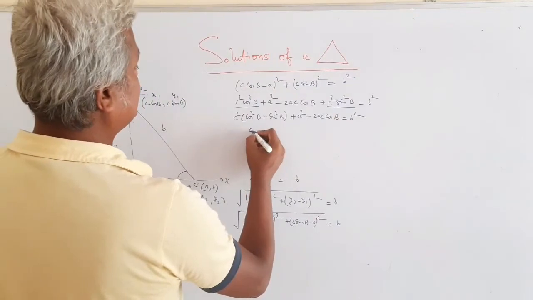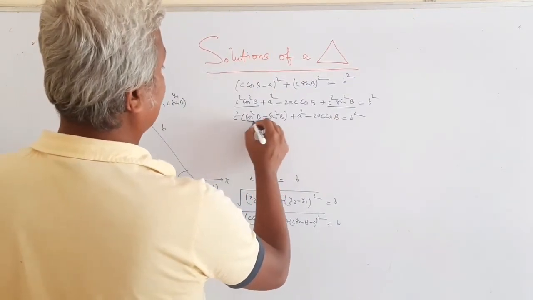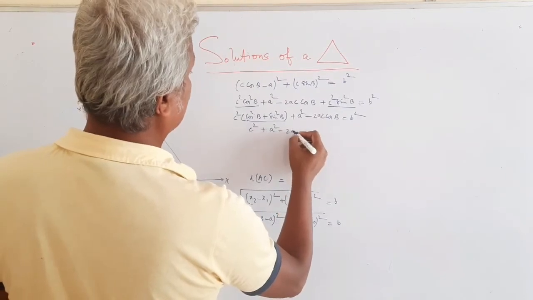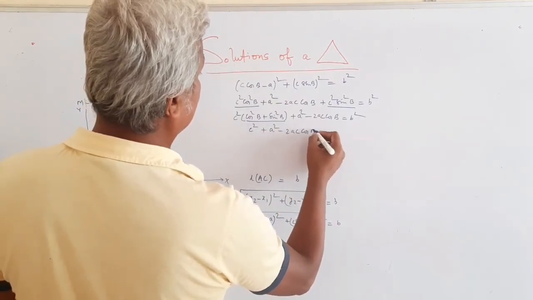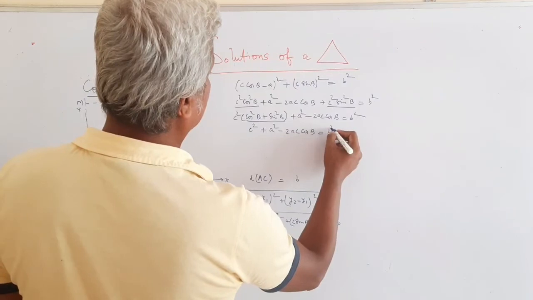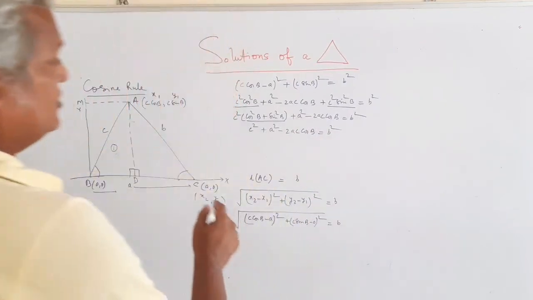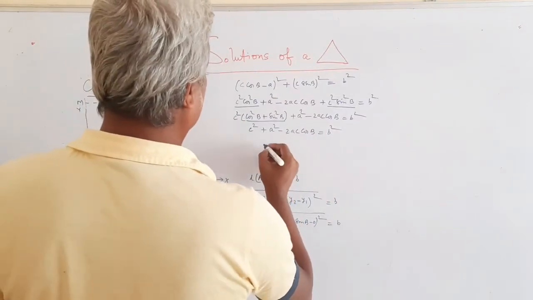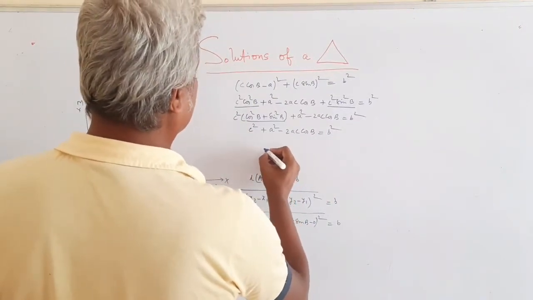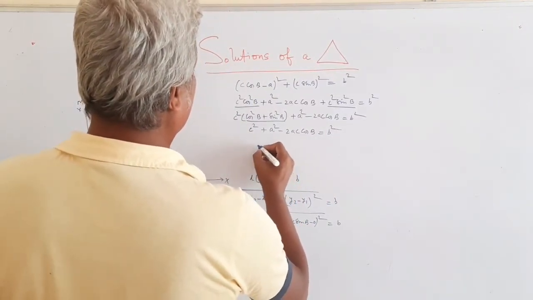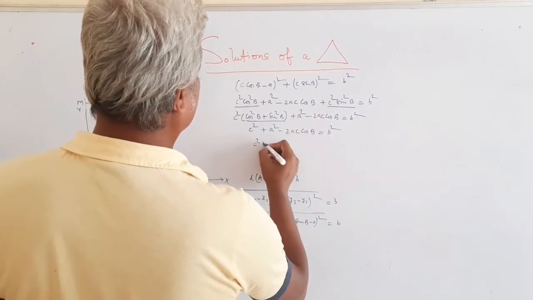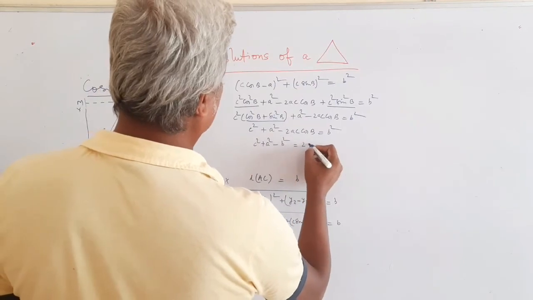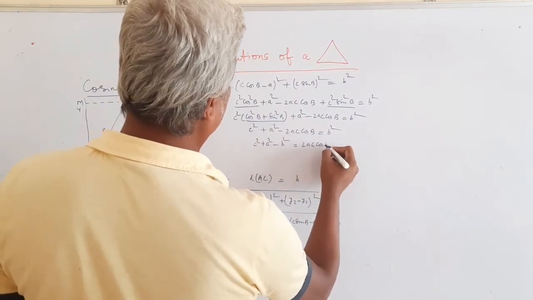So this is c square plus, because this value is 1, c square plus a square minus 2ac cos B is b square. You take this on this side and that on the other side, so you get a proper pattern which says that c square plus a square minus b square is 2ac cos B.